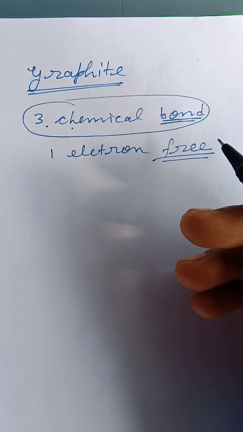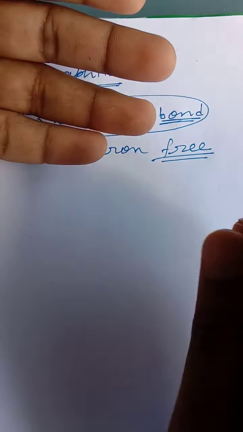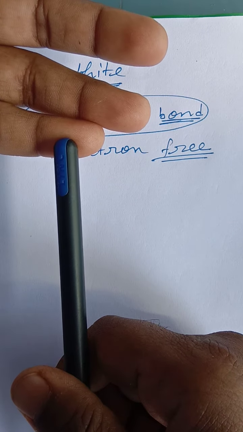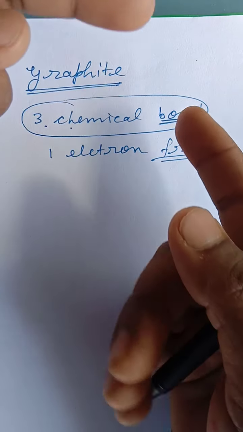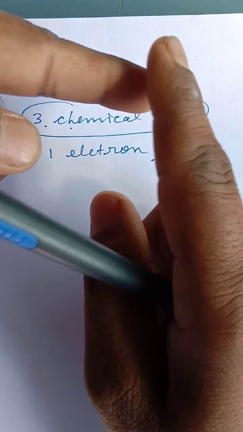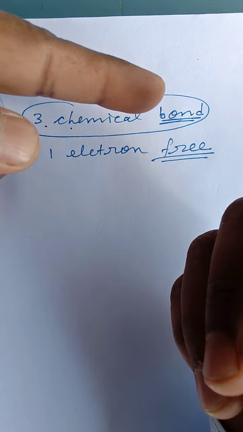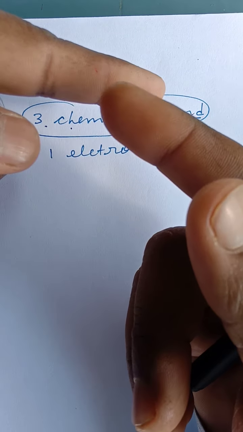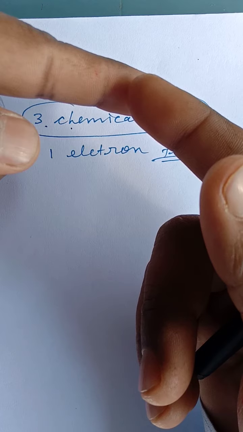1 electron free. That is why graphite allows heat and electricity. If you compare diamond and graphite, then you can tell that diamond is very hard and brittle. Graphite is not so hard like the diamond.